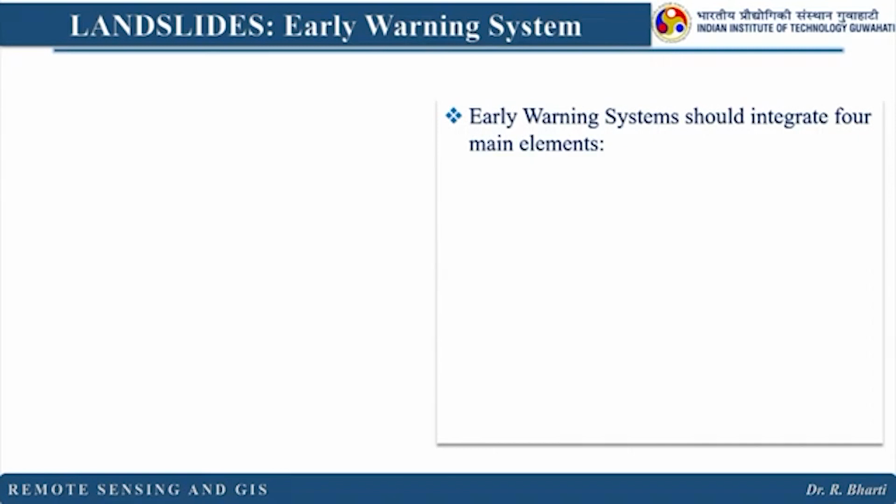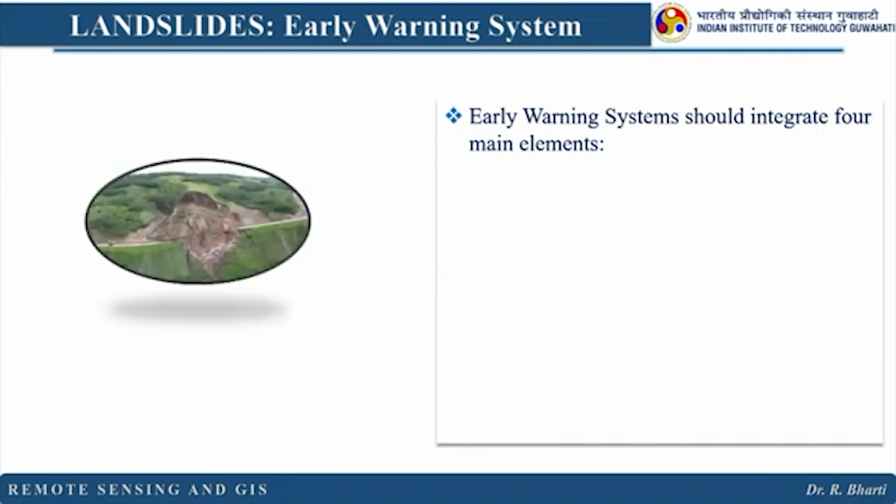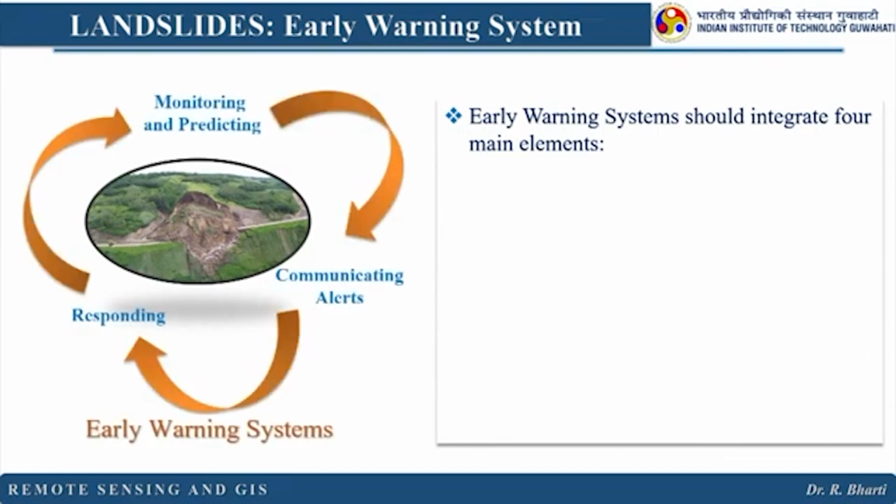An early warning system should integrate 4 main elements, that is very important. In this chain, the first one is monitoring and prediction, the second one is communicating alerts, and then responding.